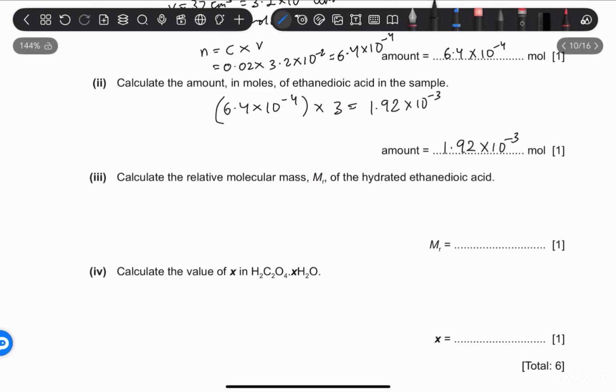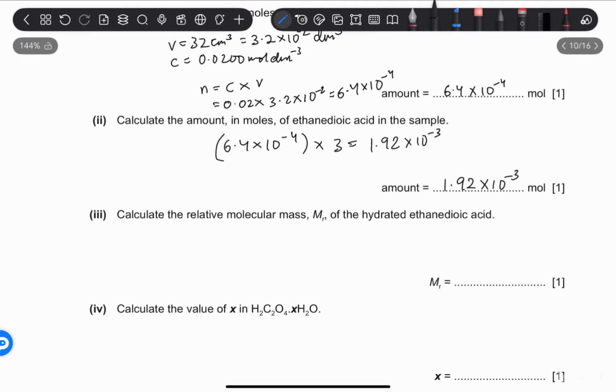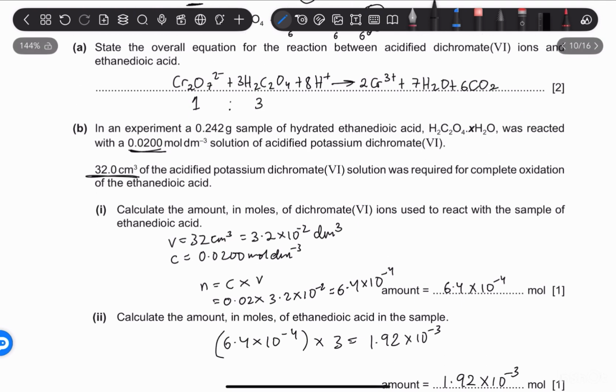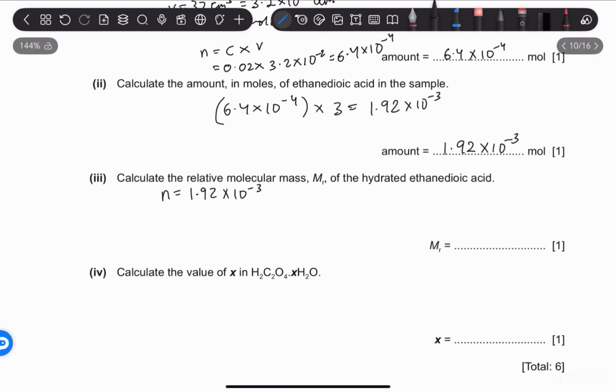So calculate the relative molecular mass of the hydrated ethane dioic acid. So we have the moles of the acid, that is 1.92 times 10 to the power minus 3. I believe we have its mass, which is 0.242. So the relationship between these three stoichiometric principles is we have our moles, which is our mass over our molar mass.